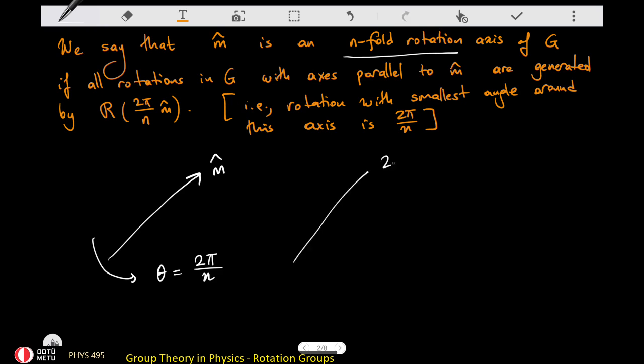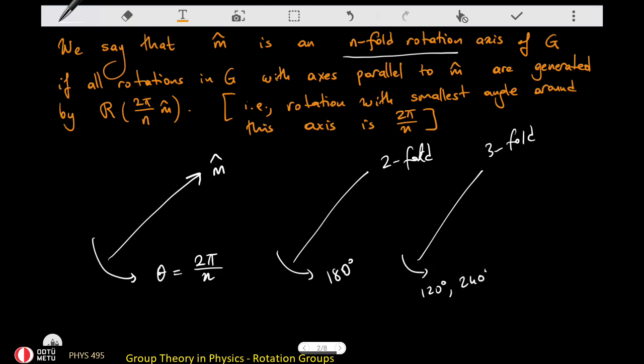So let's just give a few examples. If we have a twofold rotation, then there are these 180-degree rotations around this axis. So that's just one of the rotations. If this axis is threefold, then apart from identity, we have a 120-degree rotation, which is 1/3 of 360, or a 240-degree rotation, or you can describe this as minus 120.